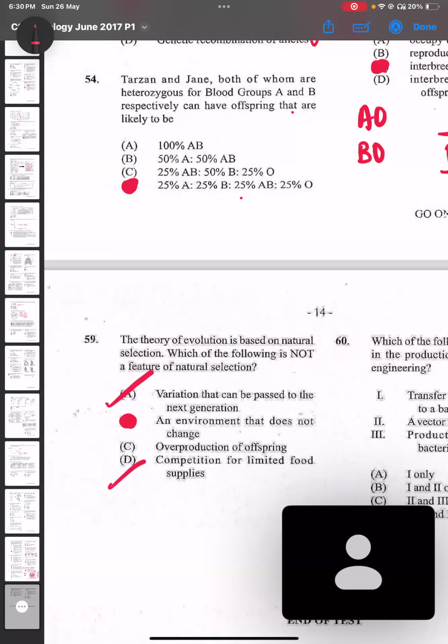So it is between B and C. You can have a lot of offspring being produced and they're going to compete against each other, but the most fit one for the environment will survive. So because of that, I think B would be the most appropriate answer. If I say which one of them is not a feature: if the environment is not changing, you cannot have natural selection and evolution take place. So the most appropriate answer would be B.